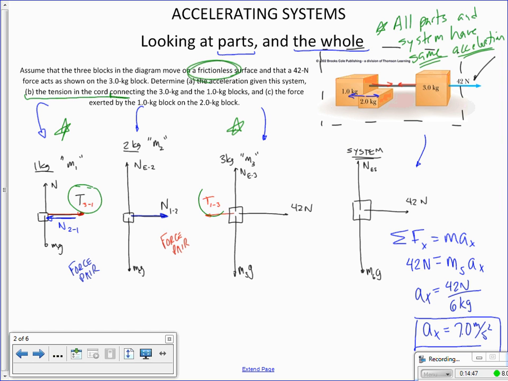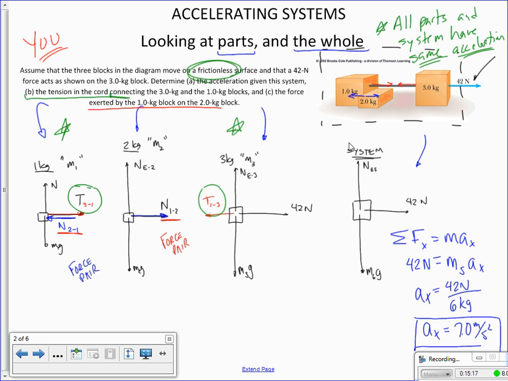Here's the tension. You got to use one of those two. When we get to find the force exerted by the 1 on the 2, well, that's this or this. So it's going to be one of those that you use. So what I want you to do, for next time I see you, is finish this problem. You have all the free body diagrams you need.